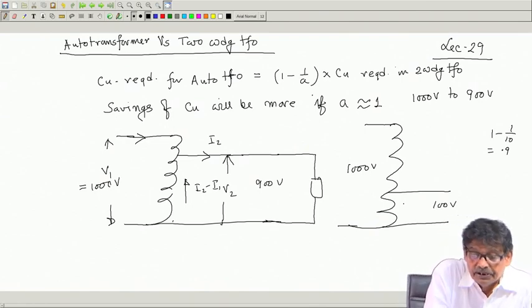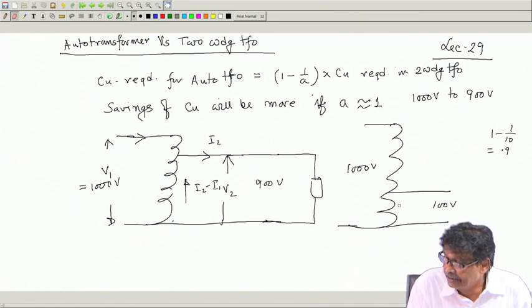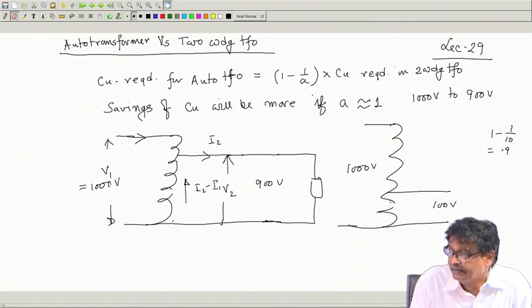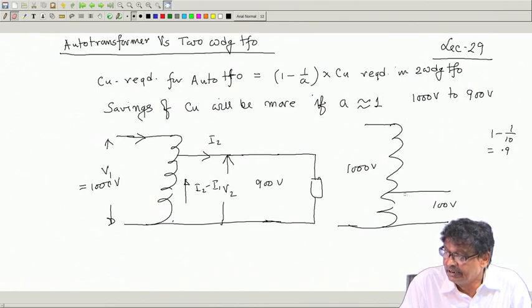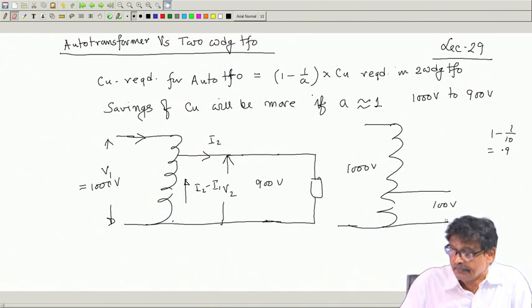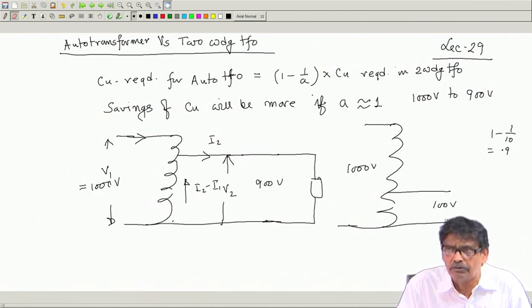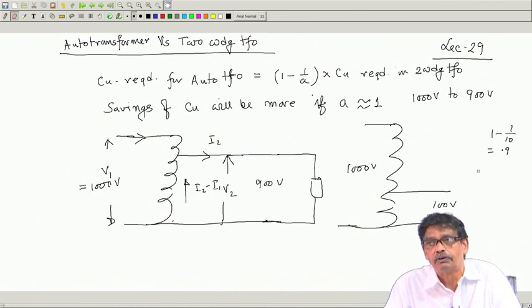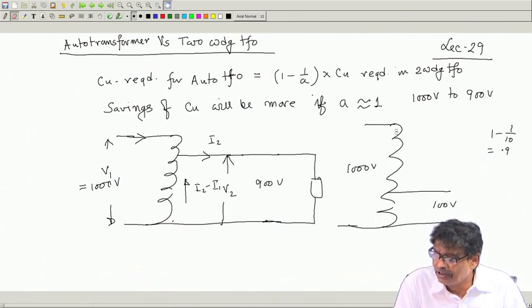But here the issue is, if there is an open circuit here, then the load side gets connected to this high voltage side. It will not shoot up to 1000 volt, but it may shoot up to 600, 700 volt. Why not 1000 volt? There will be a drop here in this case.